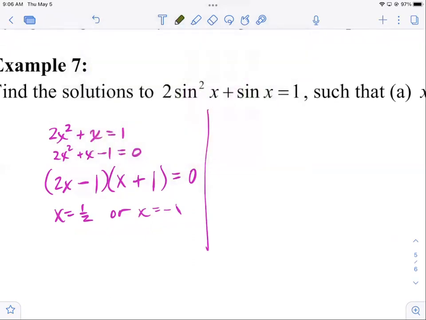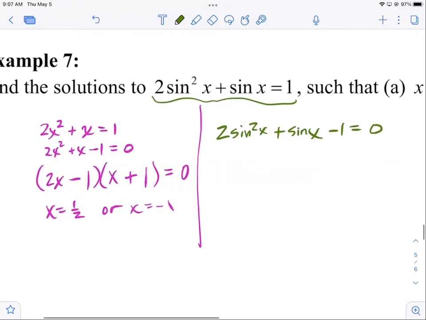How about green? I have a squared variable term, a non-squared variable term of the same type, and a constant. Let's get everything on one side and set it equal to 0. 2 sine squared of x plus sine of x minus 1 equals 0. Does it factor? Yeah, I think it does.